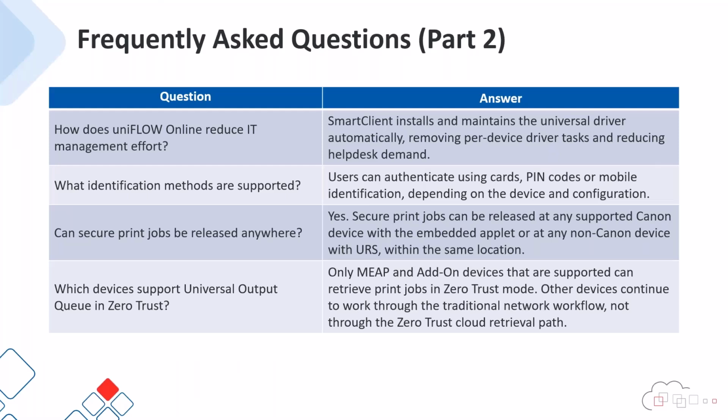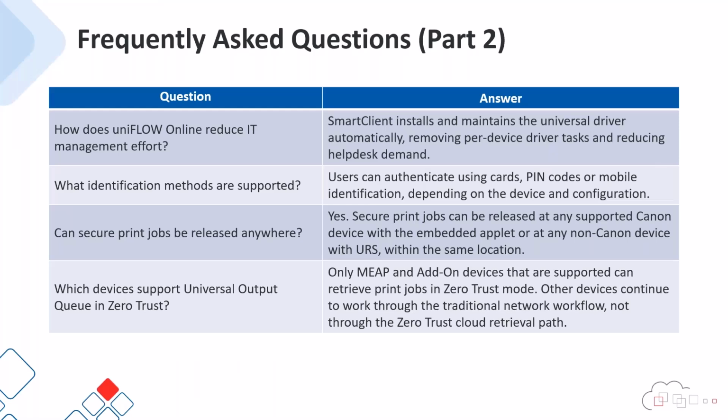Zero trust support is limited to MEEP, again, and add-on devices, trying to make that extremely clear in terms of that job sitting in the cloud. Only the MEEP and add-on devices support this functionality. So here's a short one.